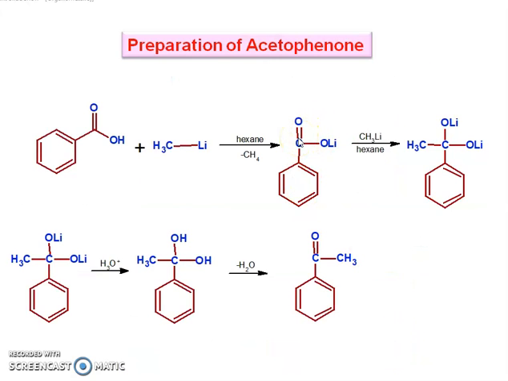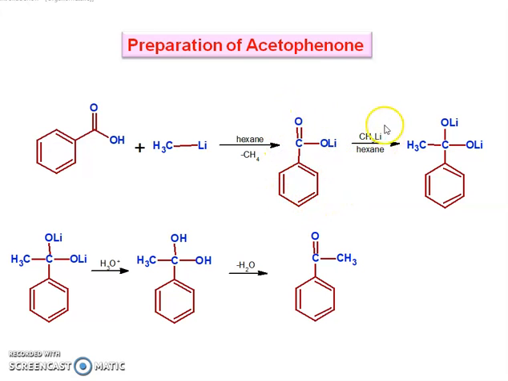The next application we see is the preparation of acetophenone. This method is used to prepare acetophenone: benzoic acid is treated with methyl lithium. Then the methyl acts as a nucleophile and attacks the carbonyl carbon, and we get this type of intermediate.